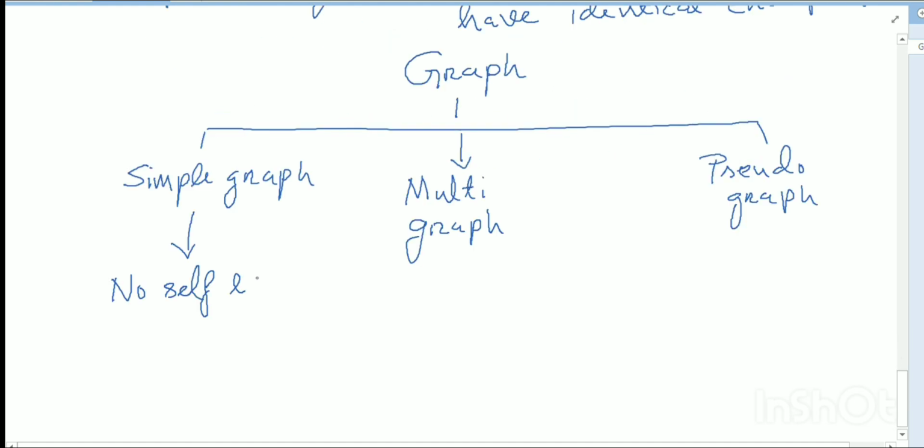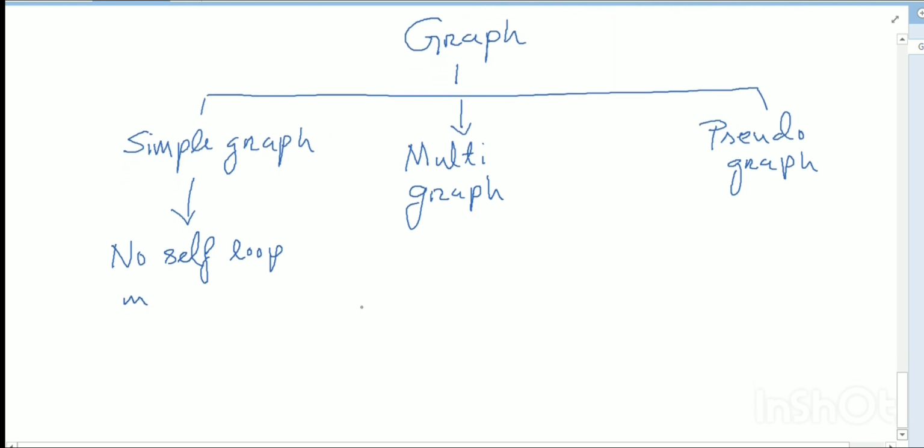topic, that is graph. I will classify graph. Classification of graph: graph is divided into three types. One is simple graph, multigraph and pseudograph. Simple graph: no self loop and no multi edge.